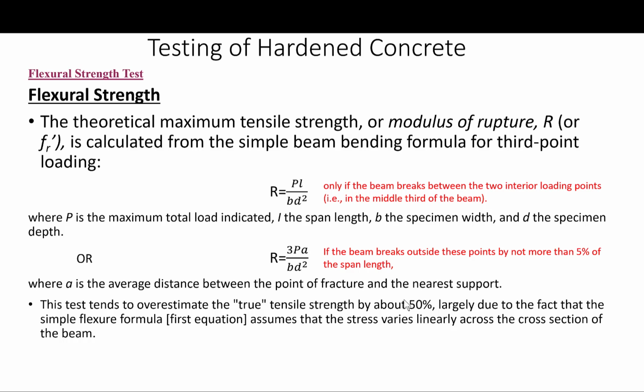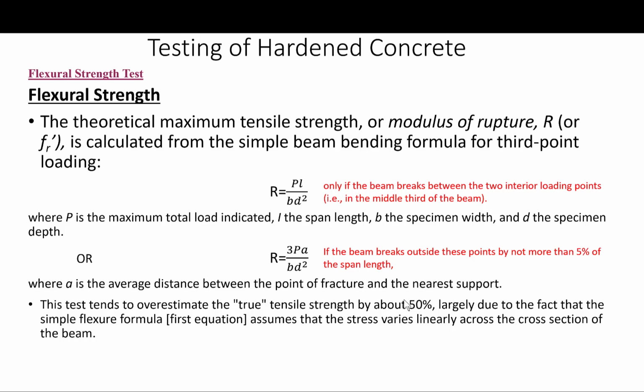However, the test remains very useful since concrete members tend to be loaded in bending rather than in axial tension. And so the values obtained from a flexure test are a better representation of the concrete property that is of interest. So that's why it is actually useful.